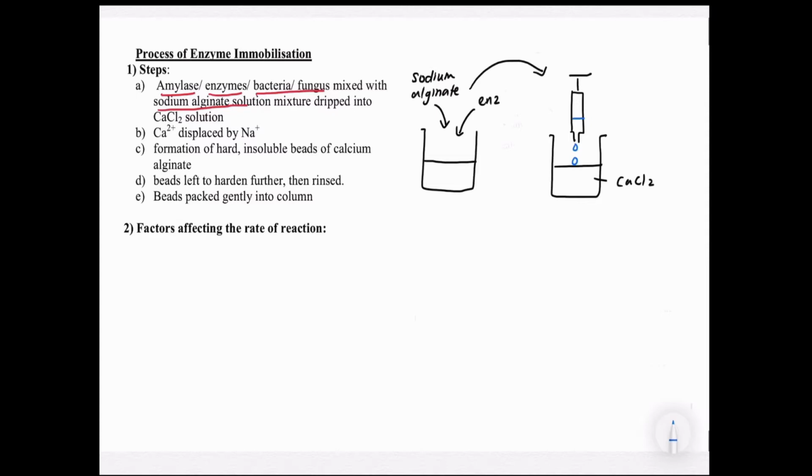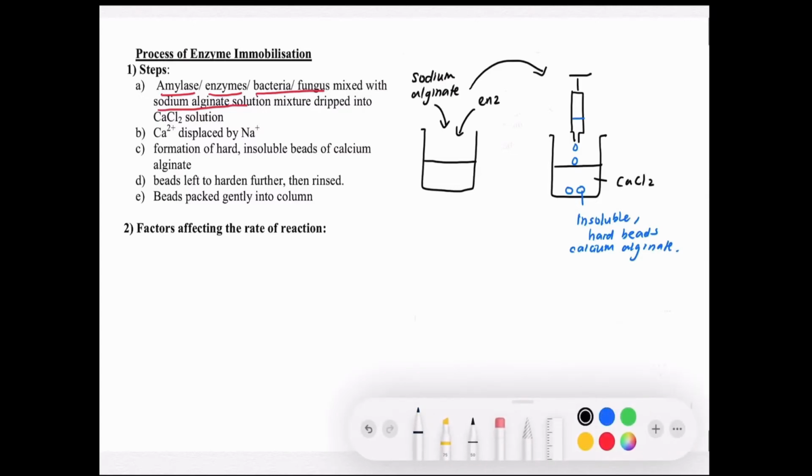When the sodium alginate solution comes in contact with calcium chloride, the calcium ion displaces the Na+, forming insoluble hard beads of calcium alginate. So the enzyme is now trapped within the calcium alginate beads.